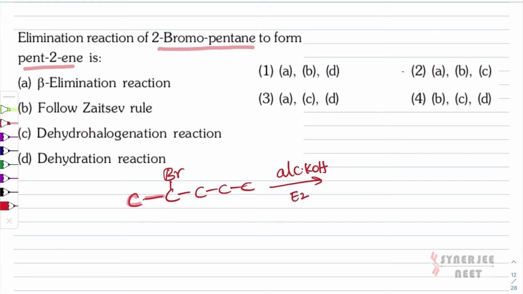Elimination takes place, and you will get pent-2-ene or 2-pentene. So in order to form this, the hydrogen here will be removed by the base, and this Br will be removed, and therefore the double bond will be formed here.